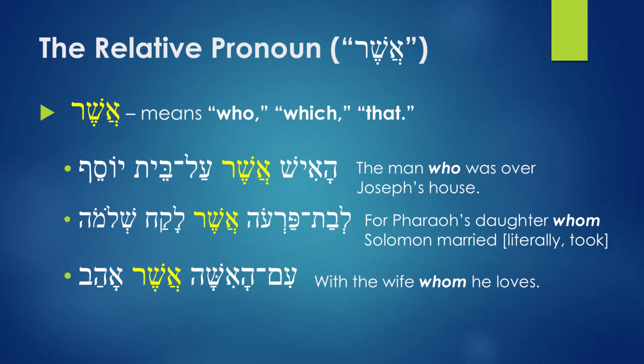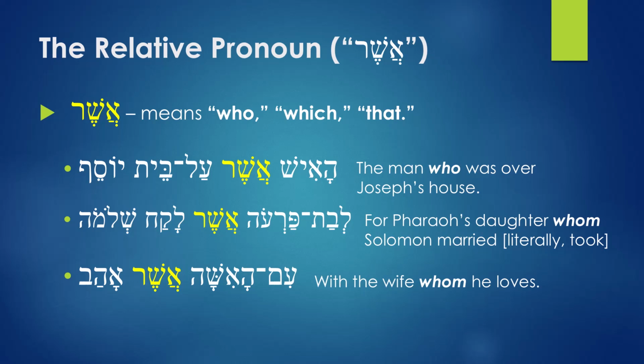Let's look at some examples. First phrase, we have Ha'ish asher al beit Yosef. How do you translate that? Ha'ish means the man. Asher means who. Ha'ish asher, the man who. Al means over. We have looked at this when we looked at prepositions. Beit is in the construct.